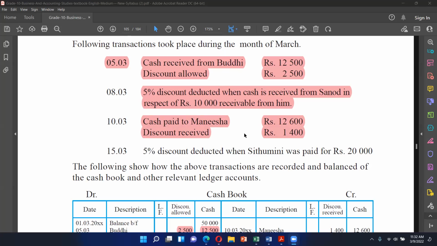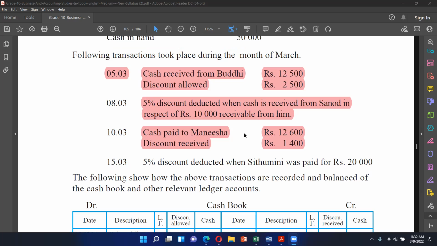Cash paid to Manisha 12,600 rupees. Discount received 1,400 rupees. So Manisha is a creditor. Tell me how you record.